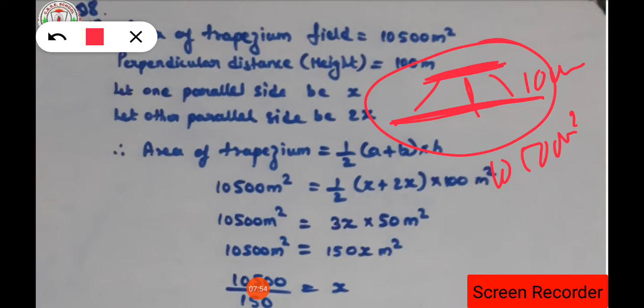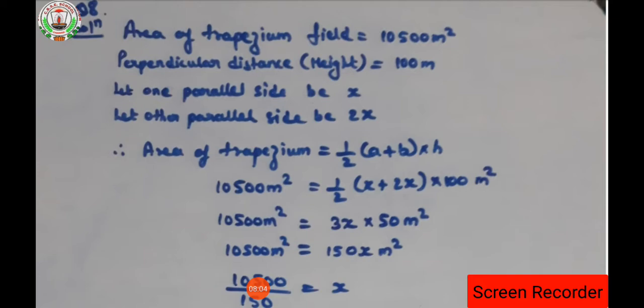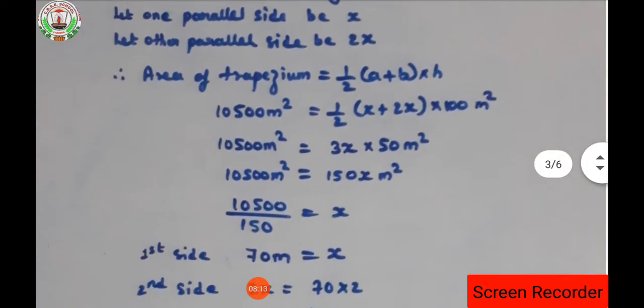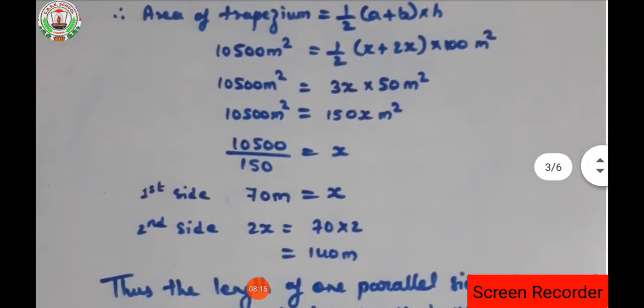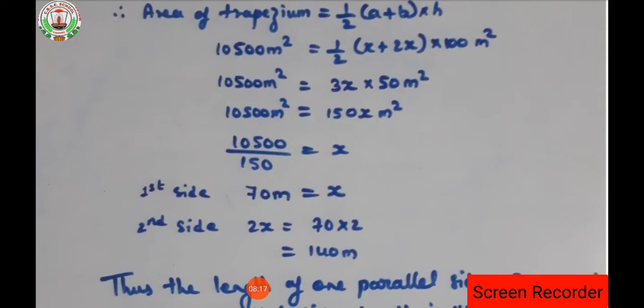So the first side we will consider as x, and the second parallel side we will consider as twice the first side, that means 2x. Clear? So let one parallel side be x, the other parallel side will be twice the first side, that will be 2x. Okay, now what is the formula for the area of the trapezium? It is half into a plus b into h. This is the formula, isn't it?